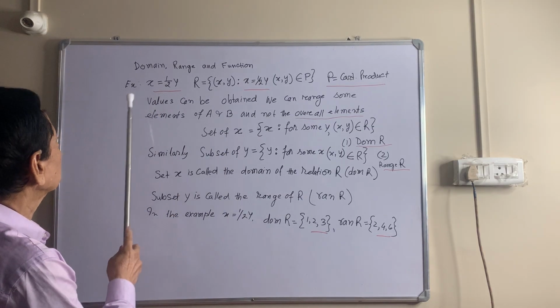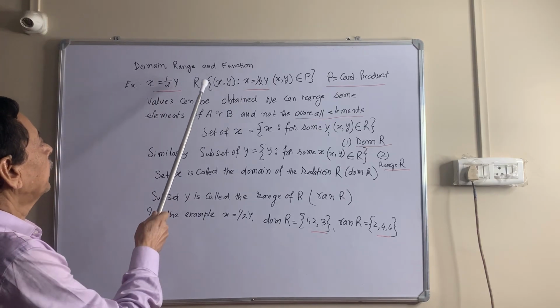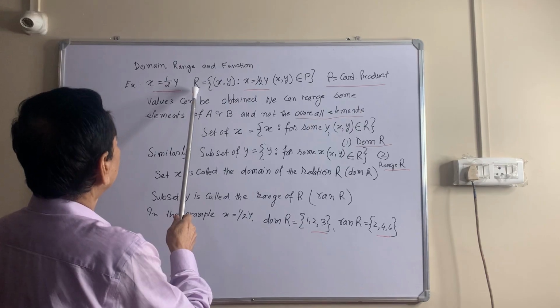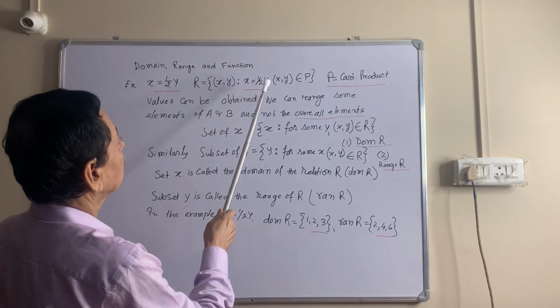Suppose this example: the relation R is the set of xy such that x is half of y.